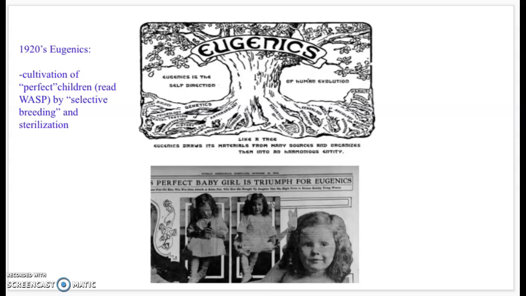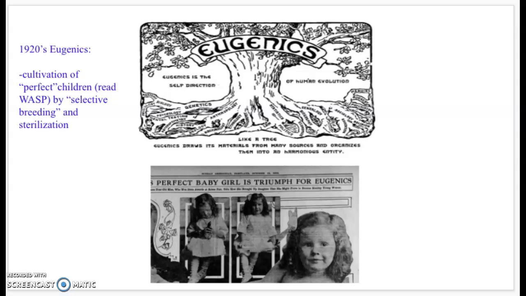So that WASPs, those seen as at the top of the racial hierarchy, should only have relationships with other people of that background, and those of darker skin identities, whether they be immigrants or black people, shouldn't have children at all.